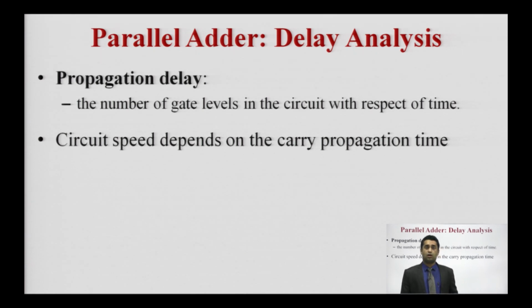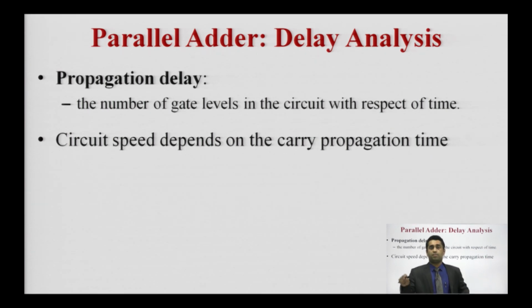If I am using 4 full adders, in this case each full adder is also carrying some gates, and at the end we are doing a computation, say one full adder is taking a time of 10 nanoseconds. Then after 10 nanoseconds it will give the carry to the second full adder. Then after 10 nanoseconds it will give carry to the third one. It means first full adder 10, 10, 10, means after 30 nanoseconds or 30 time units we are receiving the input carry to the final one.